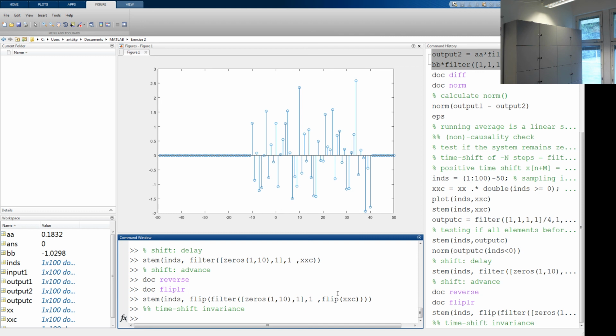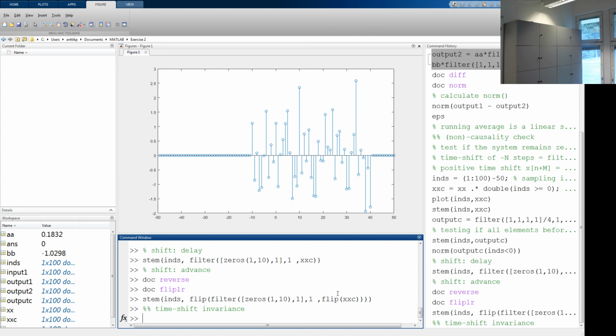So basically, if you have y of n, then you should actually get the same as if you have x of n minus k going through that one.